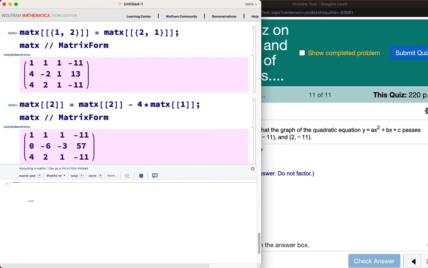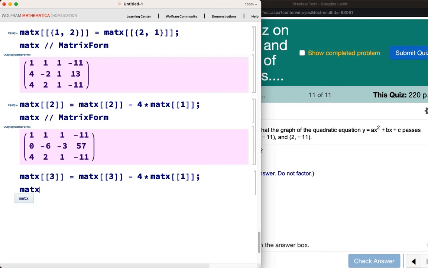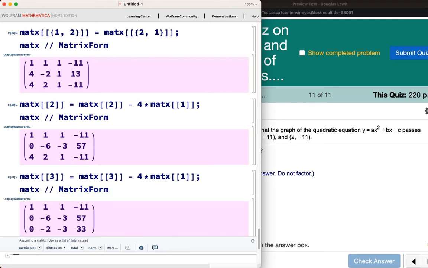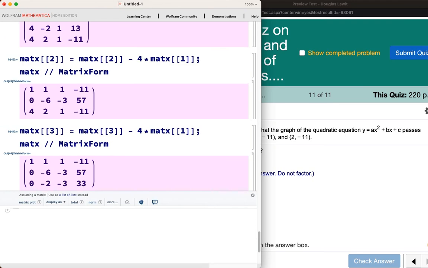Let's manipulate the third row of the matrix. The new third row is equal to the old third row, and again, minus 4 times the first row. And what does that look like? Okay, so now we have 1, 0, 0.